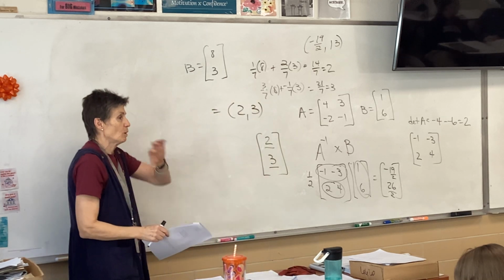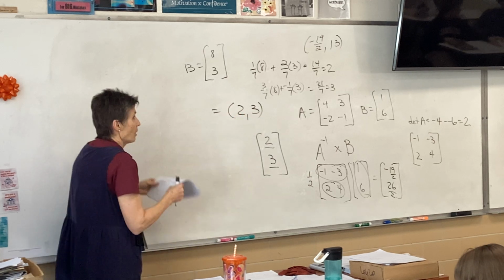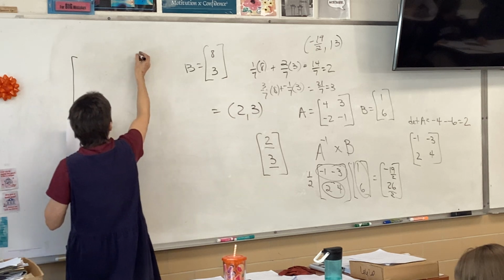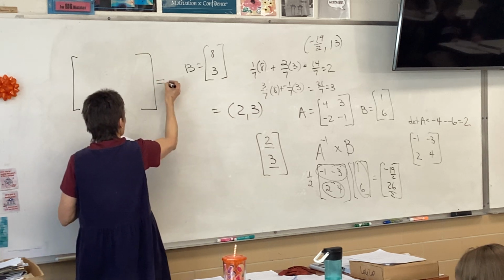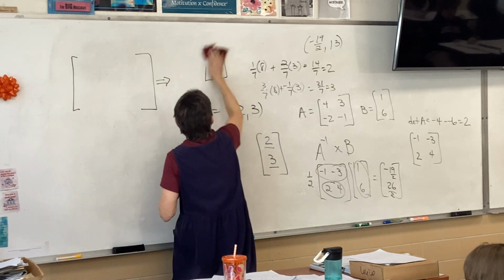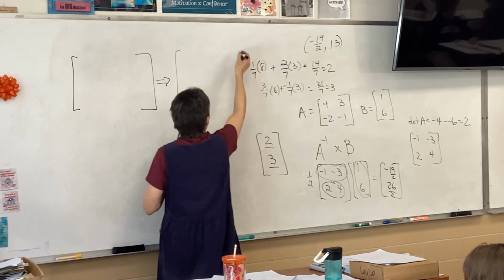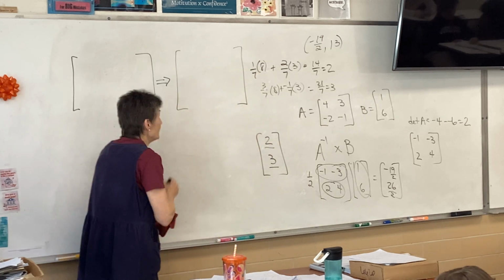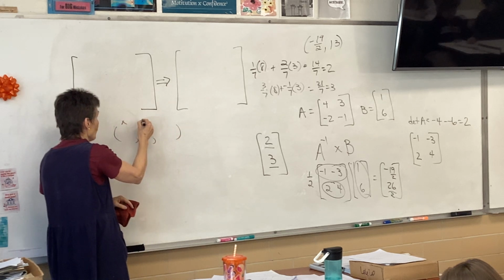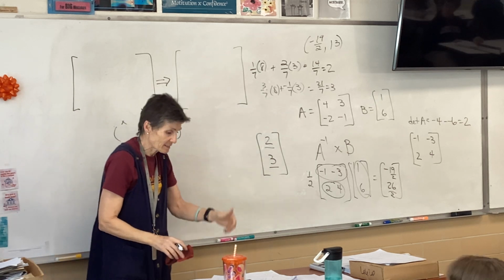This problem will be done totally on the calculator. So all you will write down is the matrix that you're going to type into your calculator, and then the calculator is going to do something, and a matrix is going to come out, and that matrix is going to give you your answer, X, Y, Z. It's going to be a snap.